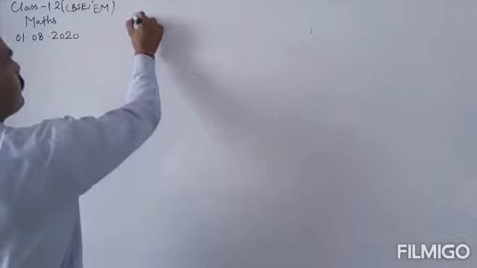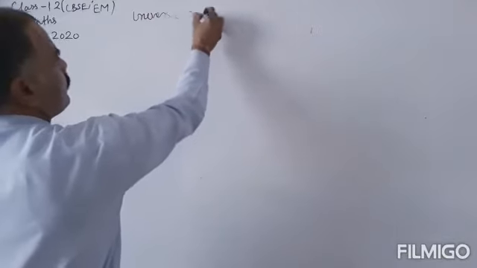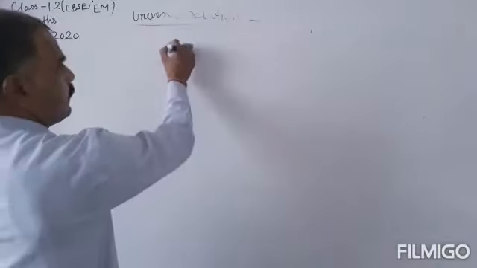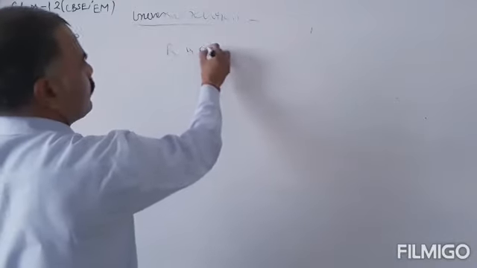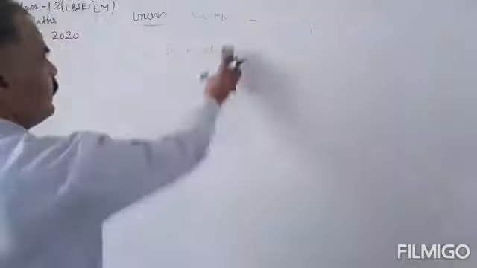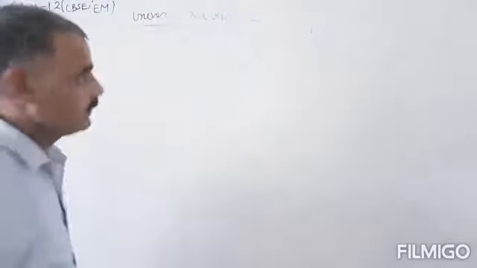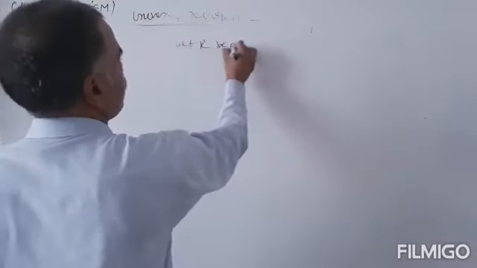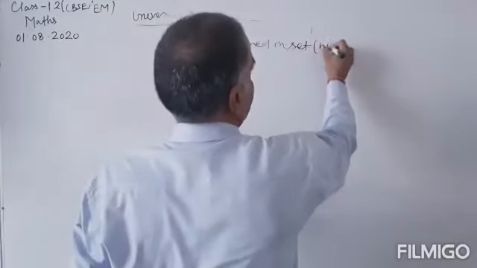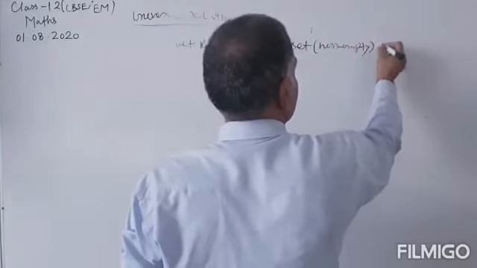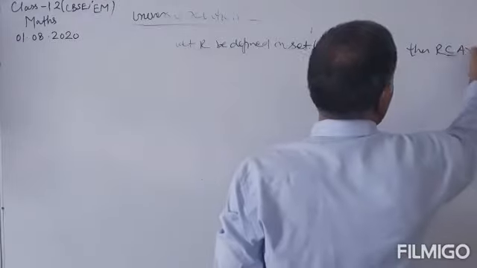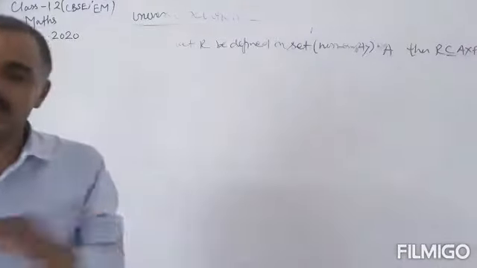We know that a relation R is defined on any set A. Let R be defined on a non-empty set A. Then R is a subset of A cross A. R, meaning the relation, is a subset of A cross A.